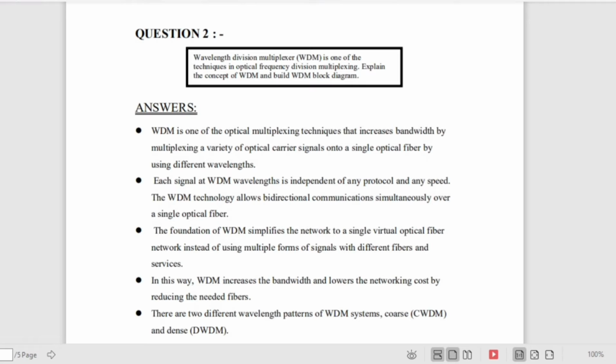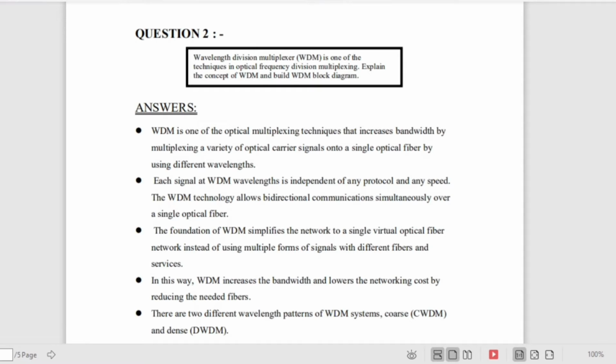The answer for question 2: WDM is an optical multiplexing technique that increases bandwidth by multiplexing a variety of optical carrier signals onto a single optical fiber by using different wavelengths. Each signal at a WDM wavelength is independent of any protocol and any speed.